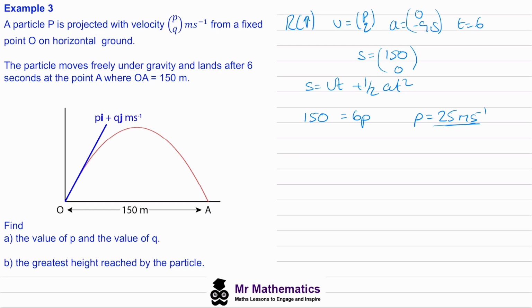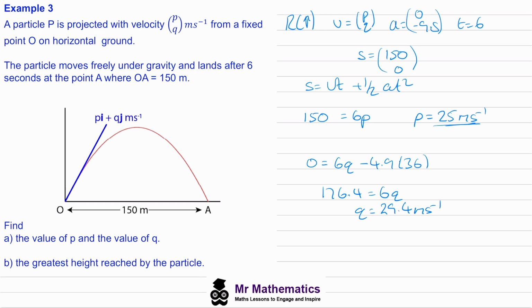So the displacement of 0 will be equal to 6Q plus a half at squared, well, half of negative 9.8, minus 4.9 times 36. We'll move this over to the left-hand side. So 176.4 will equal 6Q. So Q will be equal to 29.4 meters per second.